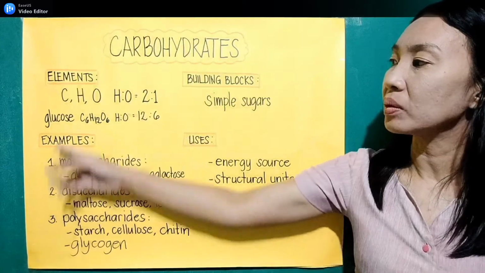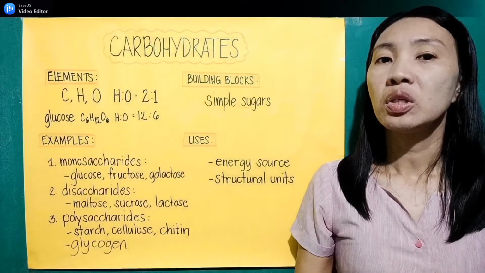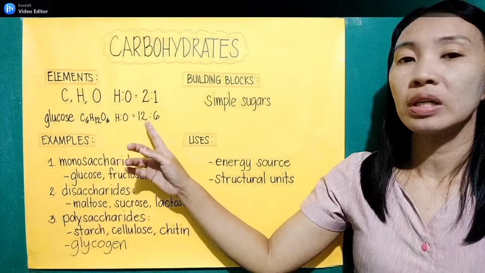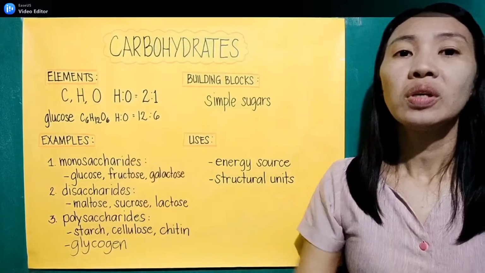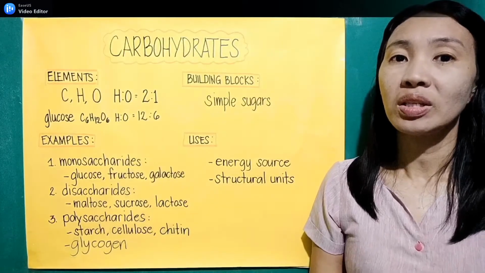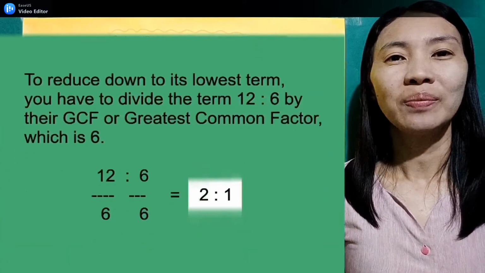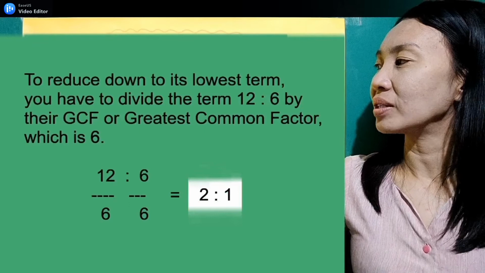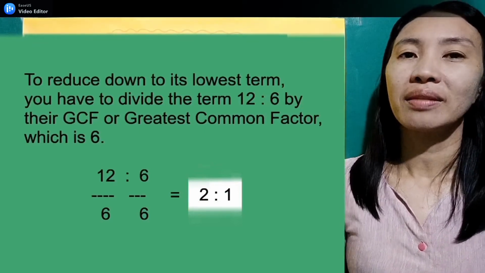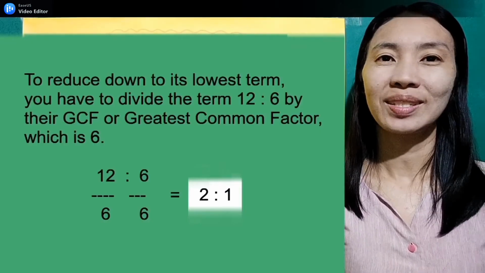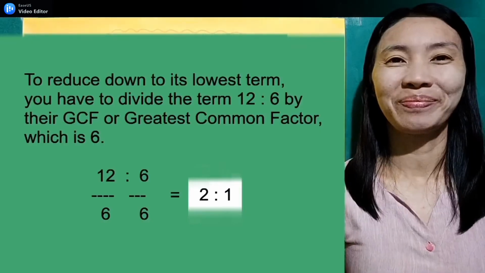In our example, glucose, when you look at the ratio of hydrogen to oxygen atom, it was 12:6. If you reduce down, you'll get the ratio 2:1. Remember your math lesson? To reduce, you need to get the GCF, or the greatest common factor, and then divide this 12 and 6 by the GCF, which is 6, to get 2:1.